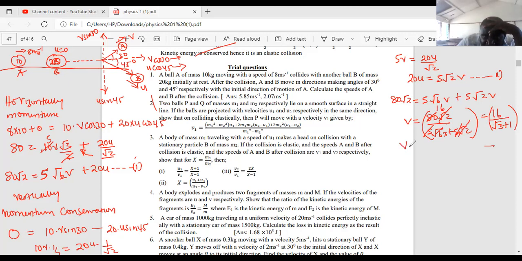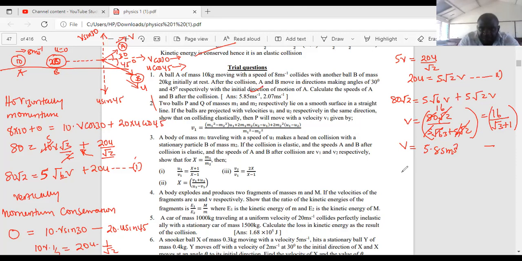The answer is 5.8685. 5.85 meters per second, making us steady.